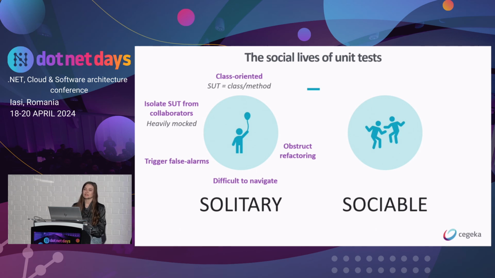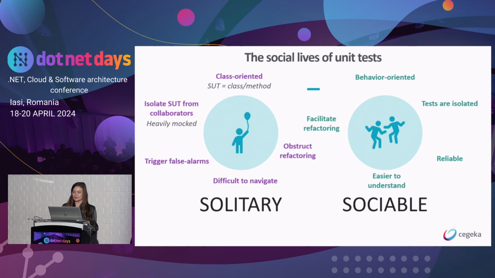So we are isolating the unit under test by heavily mocking. This means that solitary unit tests dictate the system's design. They obstruct refactoring instead of enhancing it. They cry wolf whenever implementation details change. They're not really reliable. And they are difficult to navigate.